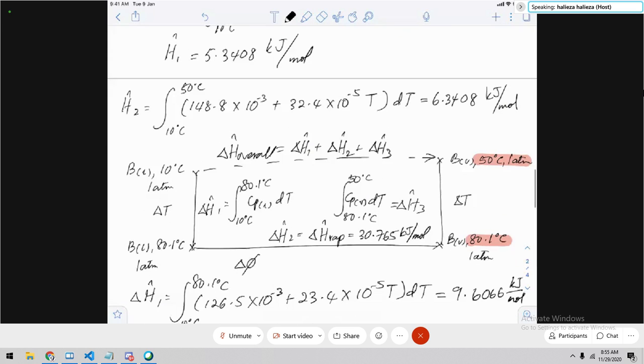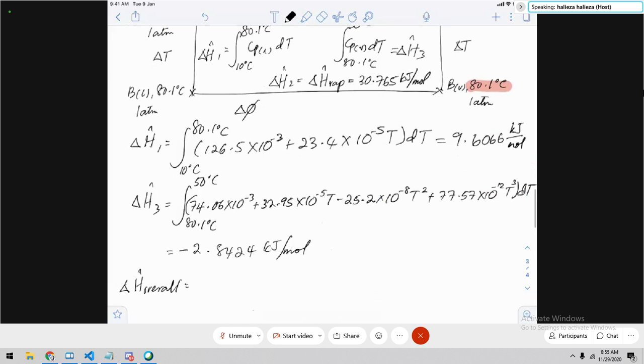So H3 equals delta H1 plus delta H2 plus delta H3, which is 9.6066 plus our latent heat plus our final step, which will be negative, 2.8424.